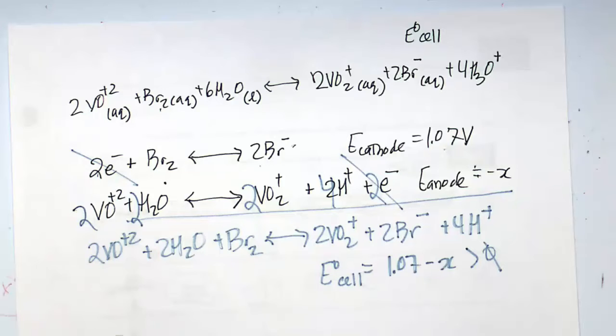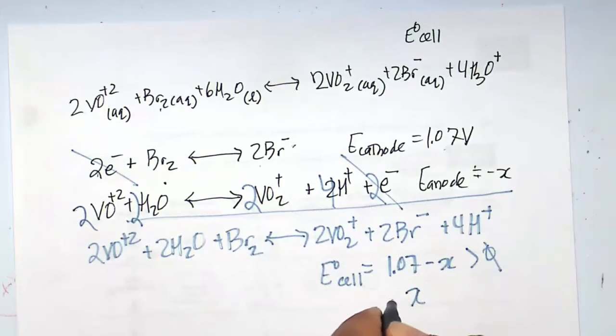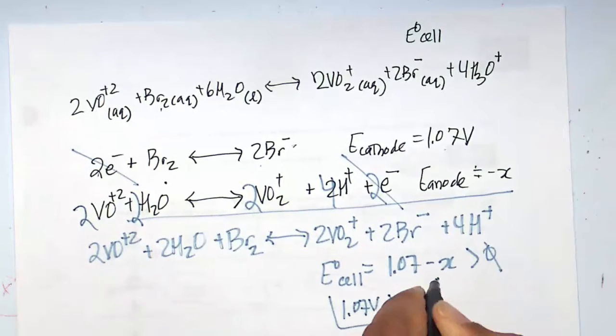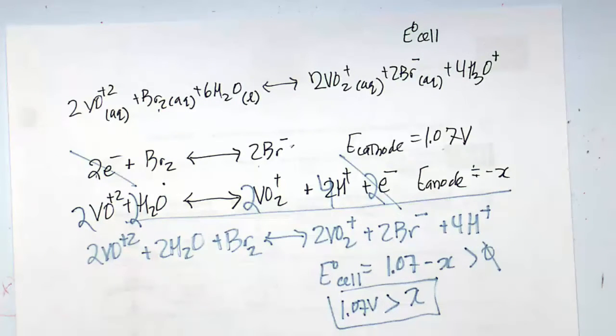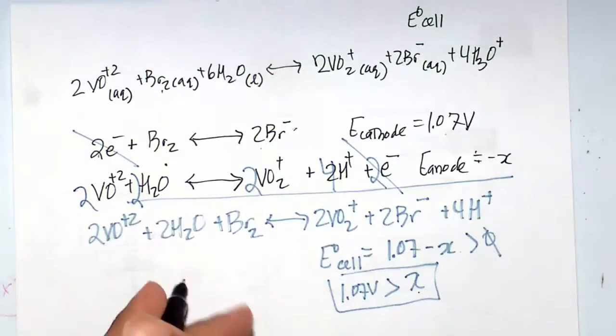So for this reaction to proceed, we can move this around, and we'll find that I'll move this X to the other side, X will have to be less than 1.07 volts. Okay, that is the condition or the criteria for this reaction to proceed. You can test this. You'll put like 1.06, which is less than 1.07. Plug 1.06 here, and you'll get a positive voltage. Negative voltage won't go. Reaction will not proceed.